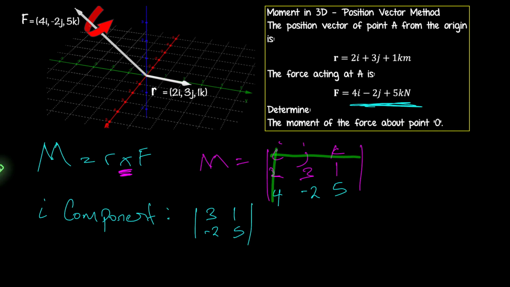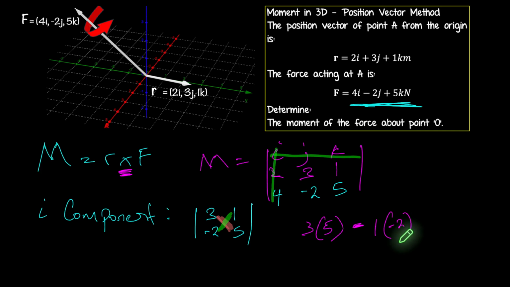To find the determinant, we multiply the leading diagonal, coming from top left, so these two, 3 and 5. So for i, we do 3 multiplied by 5, and then we subtract the multiplication of the other two, which is our non-leading diagonal, going across with the -2 and the 1. So we have 1 multiplied by -2.